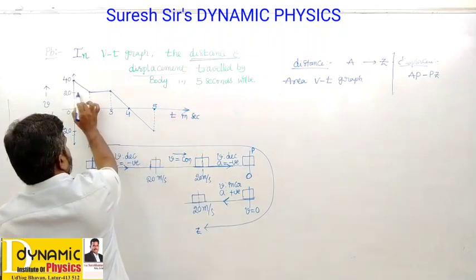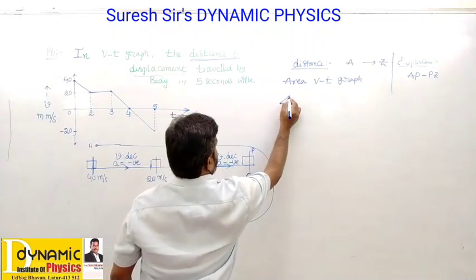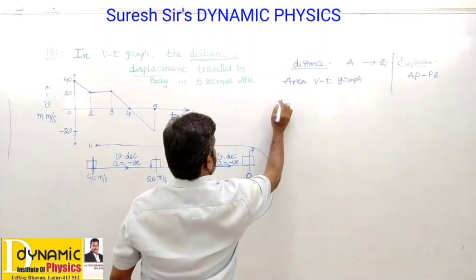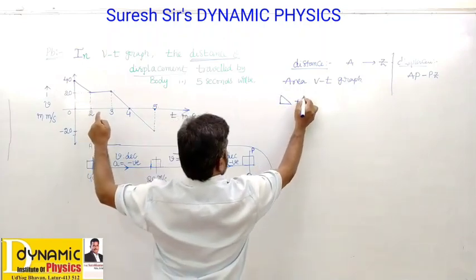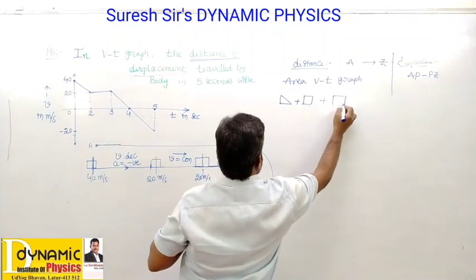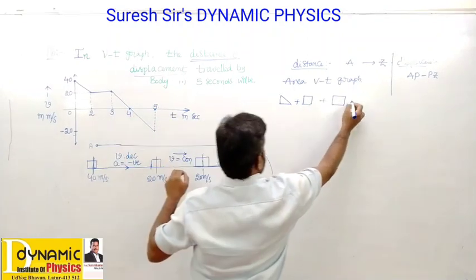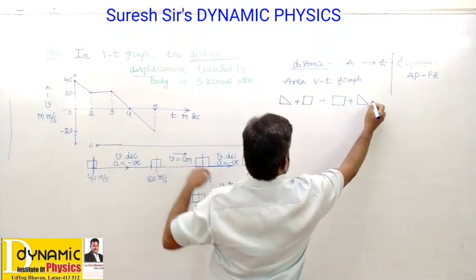The area of this small triangle, plus one square part area, again one square part area, and again one triangle area in the reverse direction.